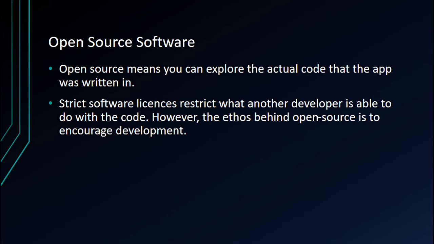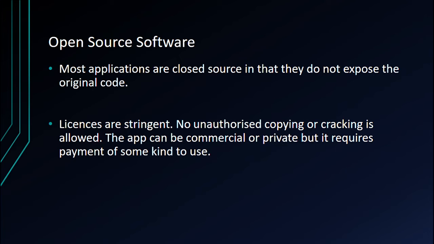Okay, so ma-copy mo pero hindi mo ma-edit. Amo ang purpose na. Next is closed source software. So closed software applications are closed source in that they do not expose their original code.